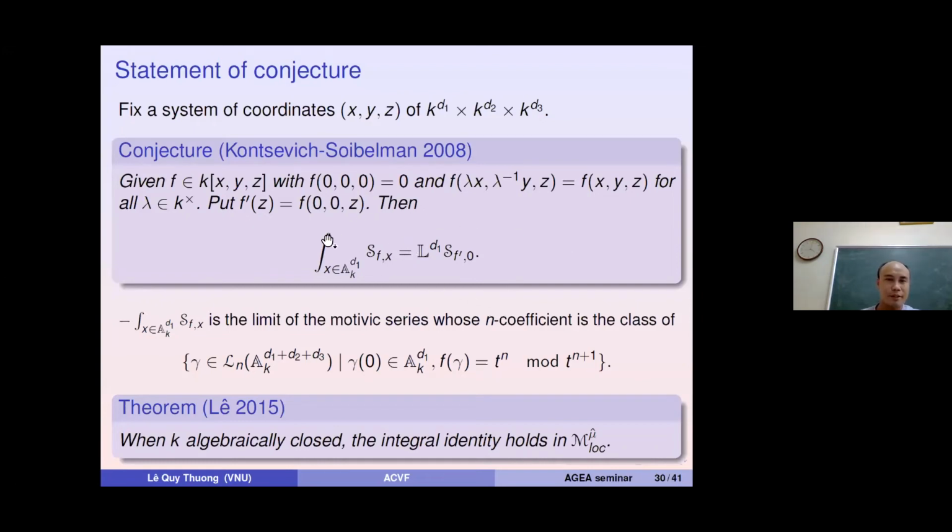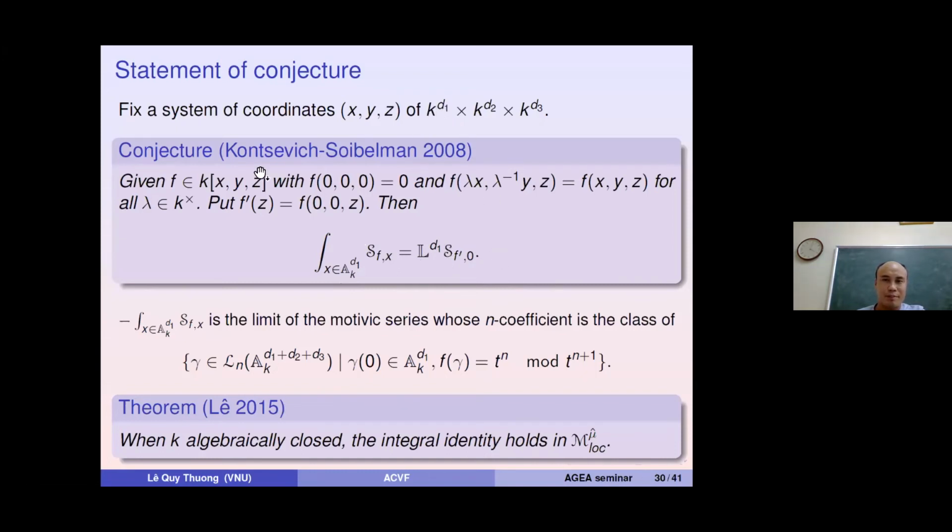Then the conjecture states that we have the identity: the left-hand side is the pushforward of this, and the right-hand side is the product of L to the power D1.